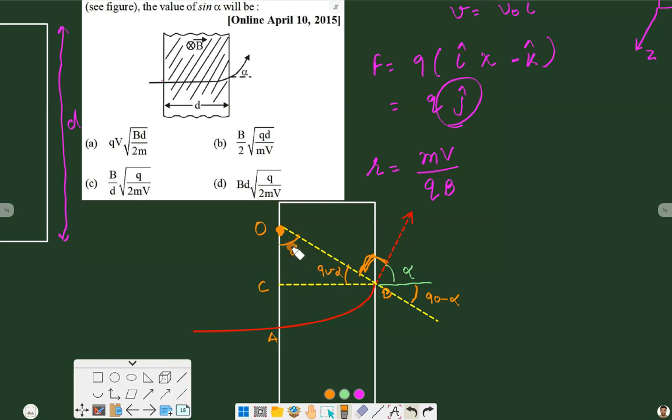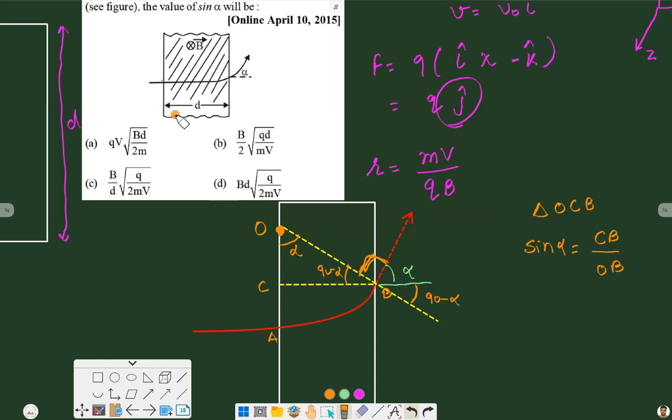So we have to find the value of this alpha, or sine alpha. Now in this triangle OCB, we have sine alpha, which is perpendicular by hypotenuse. Perpendicular is equal to CB and hypotenuse is equal to OB.